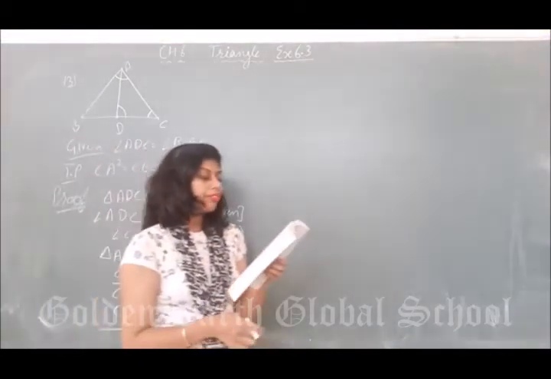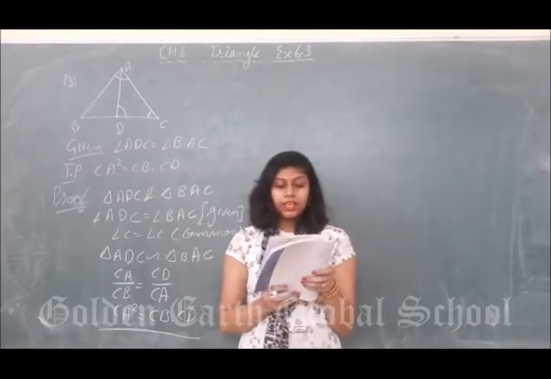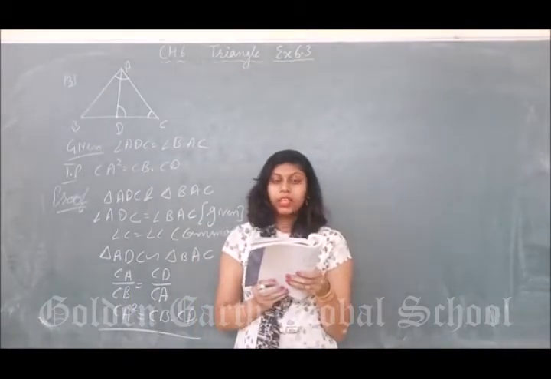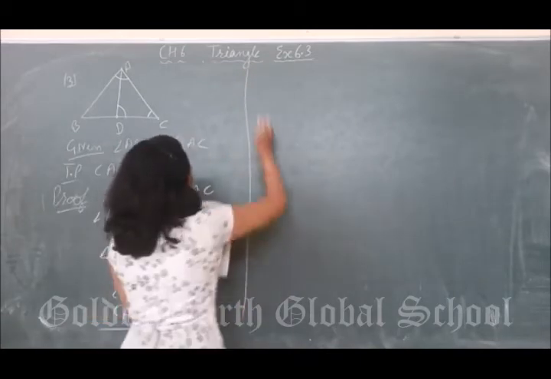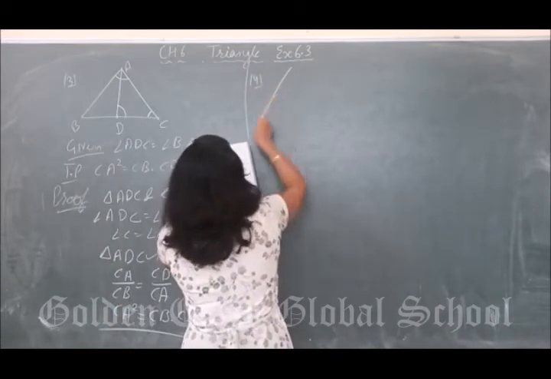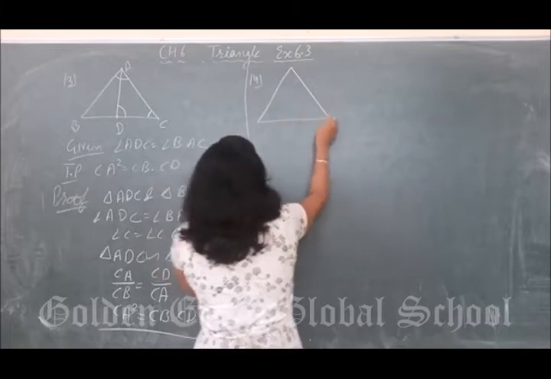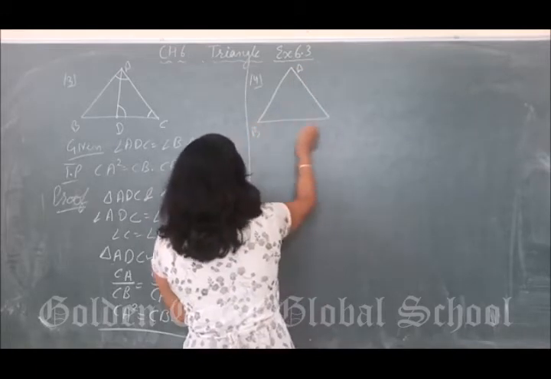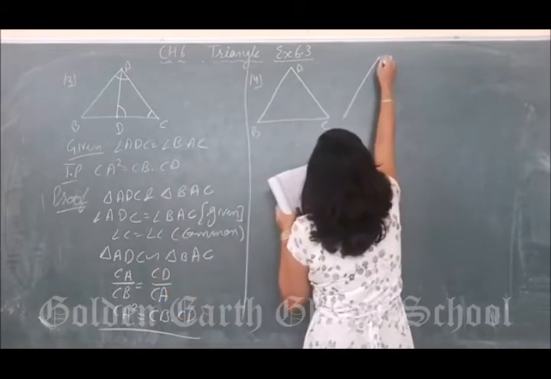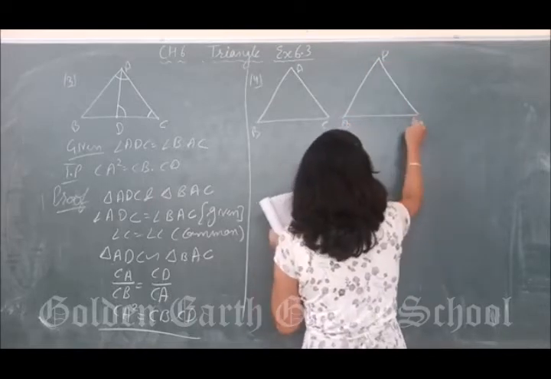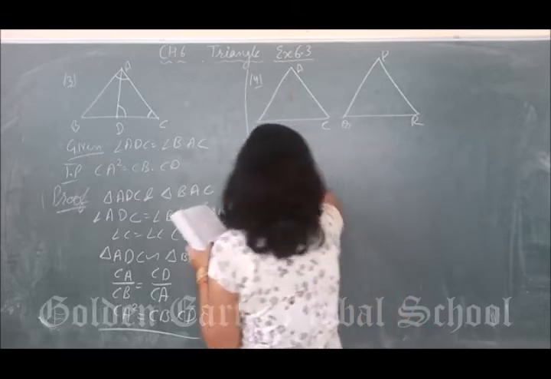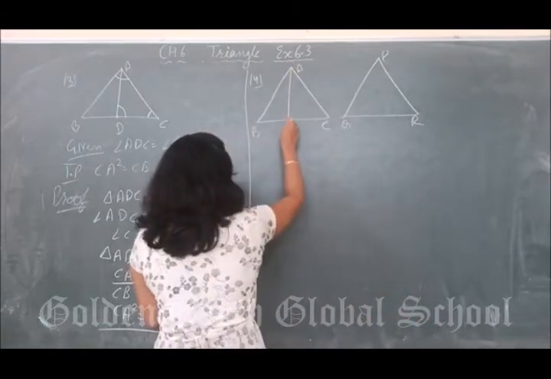Next, question number 14. Sides AB and AC and median AD. First of all, draw the figure. ABC is a triangle. Similarly, PQR is a triangle. AD is the median.